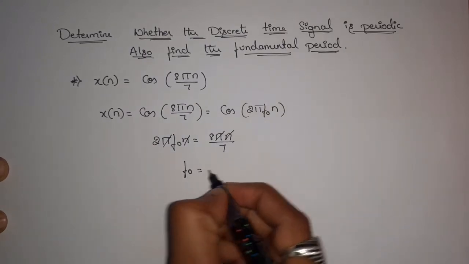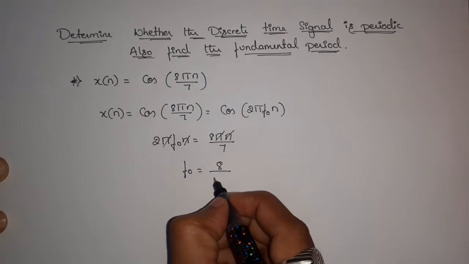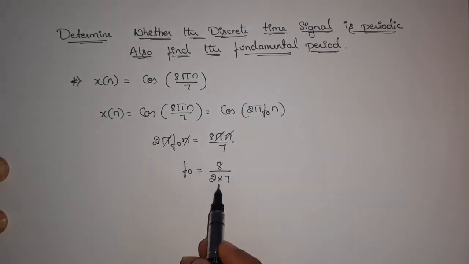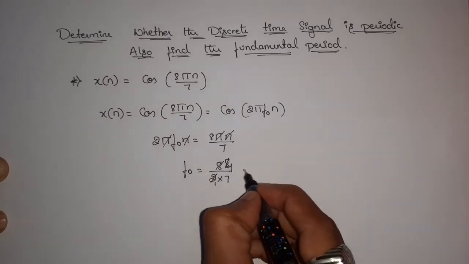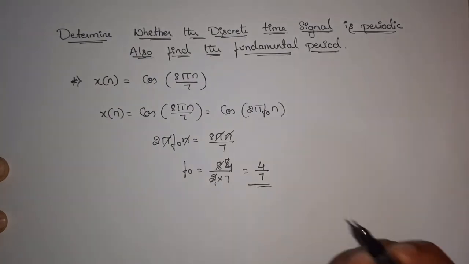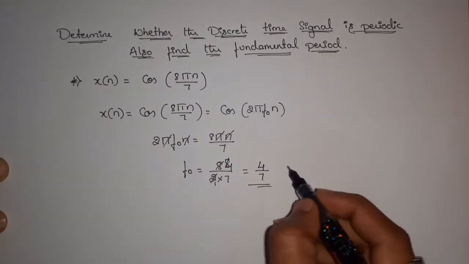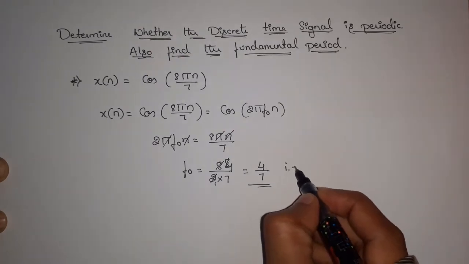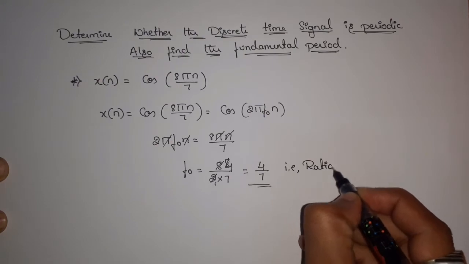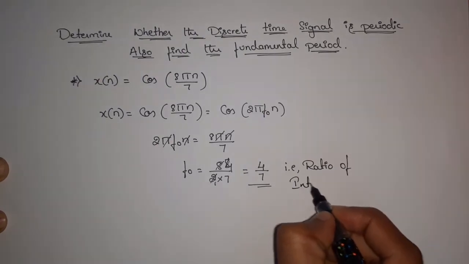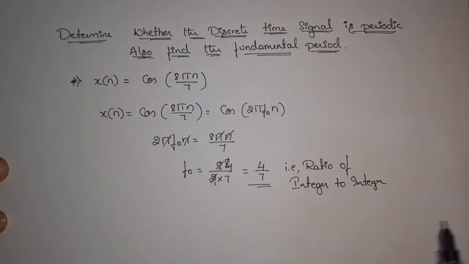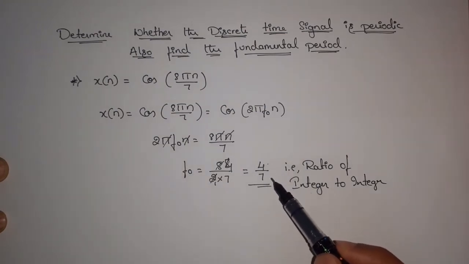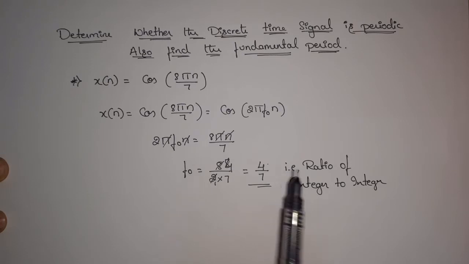We'll be left with f naught is equal to 8 by 2 into 7. 2 will move to the denominator, which means 4. 2 fours are 8, which is equal to 4 by 7. f naught is equal to 4 by 7, that is a ratio of integer to integer. Hence the signal is periodic.